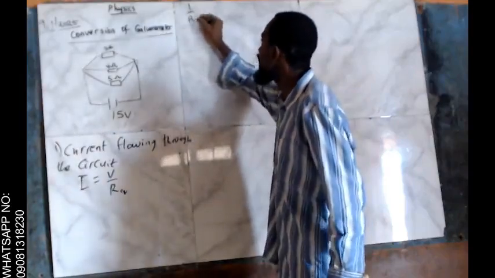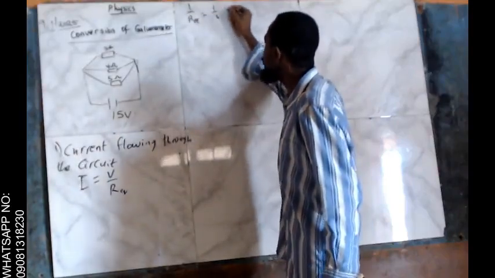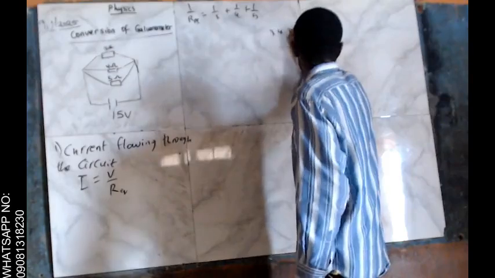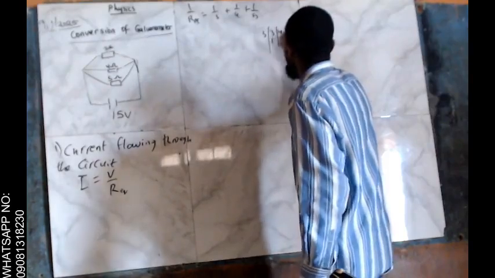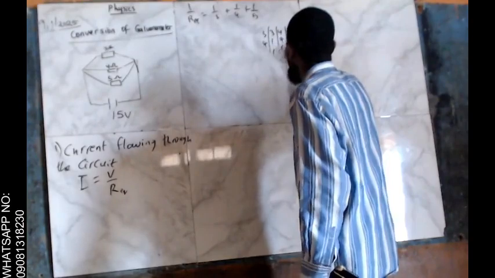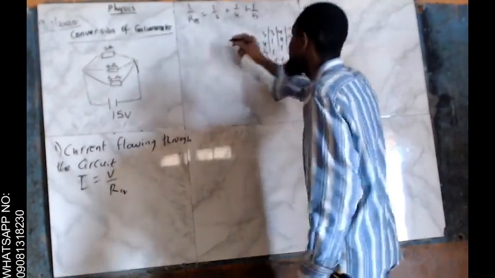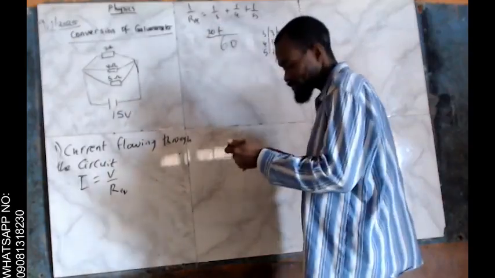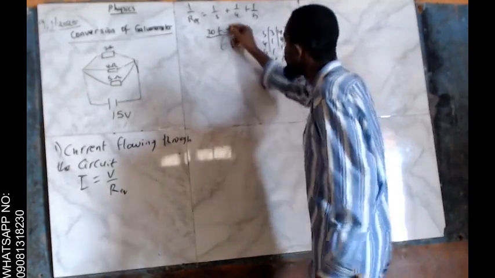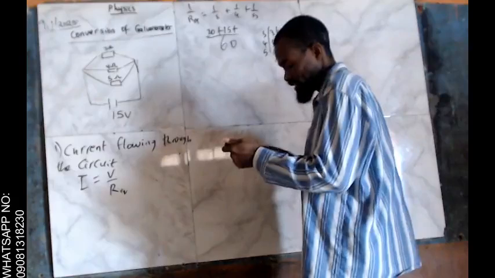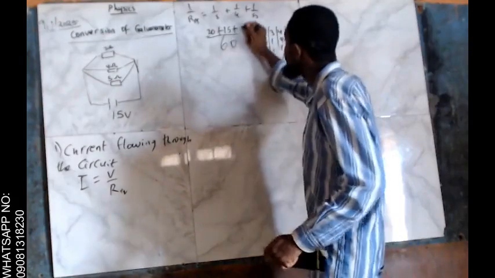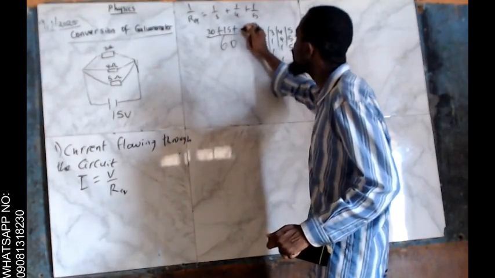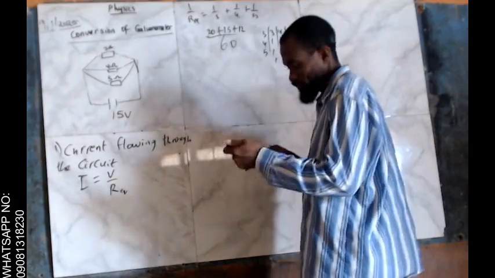So we can get that. 1 over R eq equals 1 over 3 plus 1 over 4 plus 1 over 5. When you take the LCM of 3, 4, and 5, that's 60. 60 divided by 3 will give us 20. 60 divided by 4 will give us 15, plus 60 divided by 5 will give us 12.